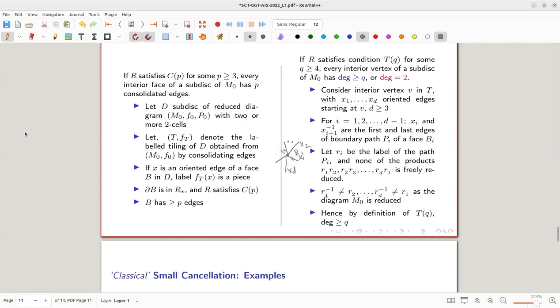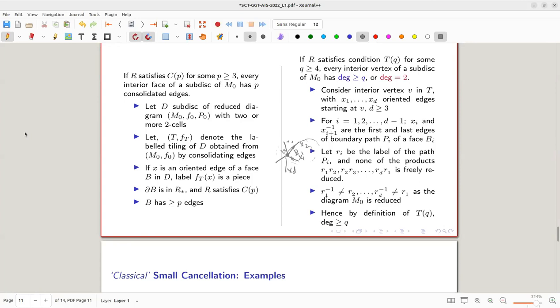So this is a two-dimensional diagram. If you go like this, you have to come back like this, right? So that is what they're saying, that xi and x(i+1) inverse, they are the first and last edges of the boundary path pi of a face bi.